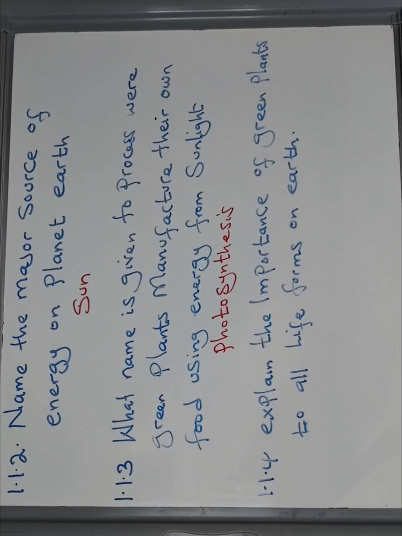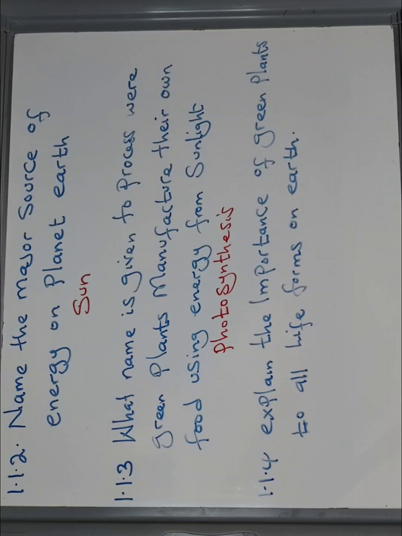Then comes this question. It says, explain the importance of green plants to all life forms on Earth. Why are green plants so important? It comes from the fact that green plants and some few small organisms, some of them aquatic, found in water, are the only organisms which have the capacity to convert radiant energy from the sun into food.